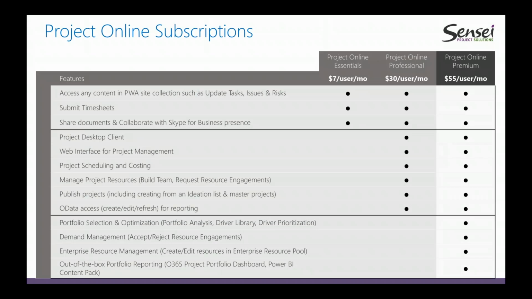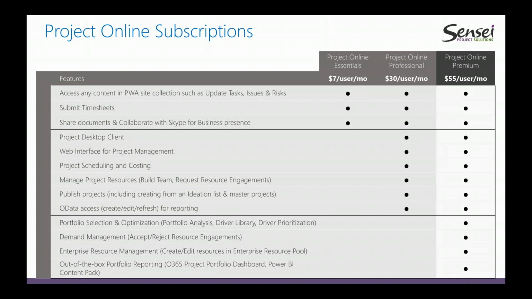So let's talk briefly about licensing. We saw the Project Standard and Project Professional, and then we saw the standalone professional versus the subscription product. Let's talk about some of the Project Online subscriptions.